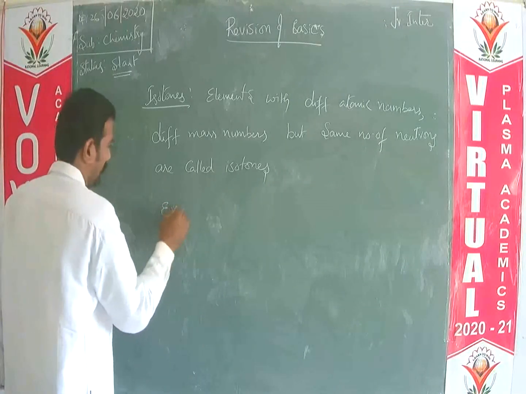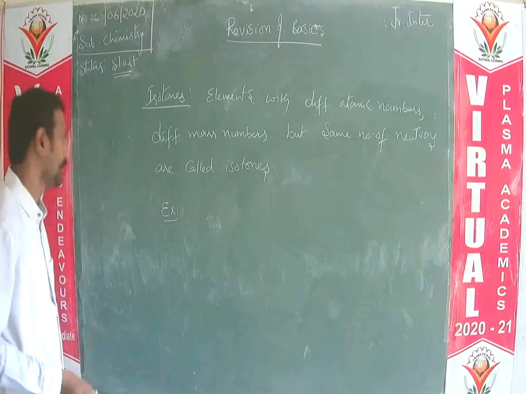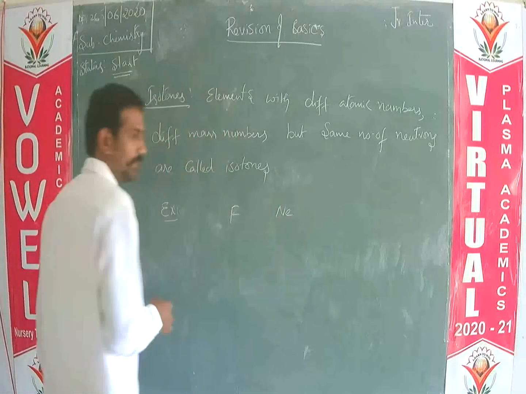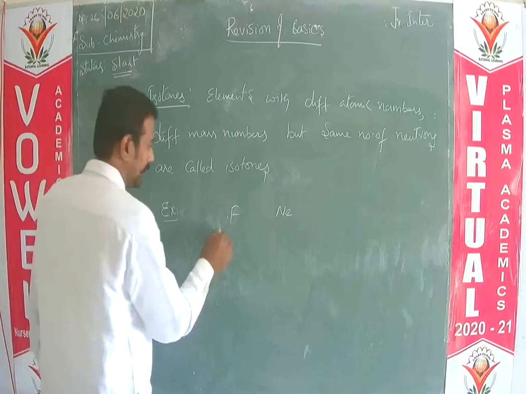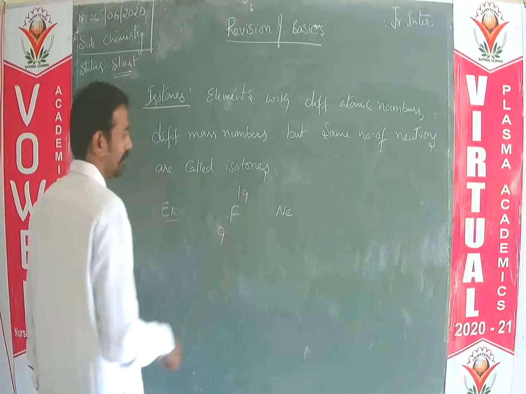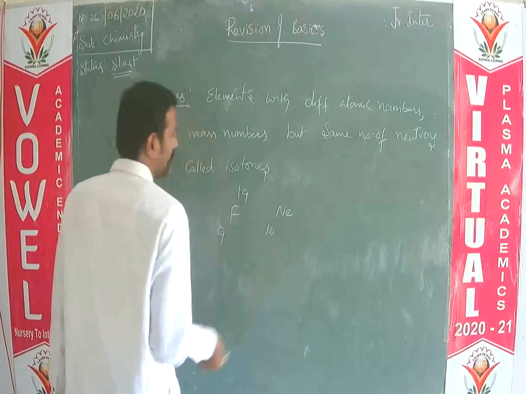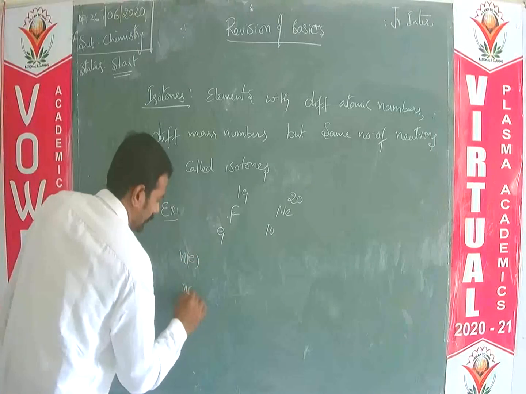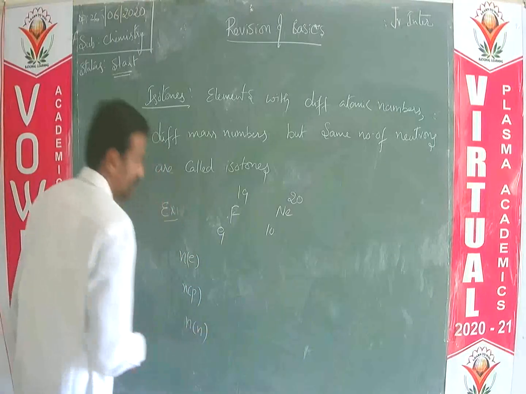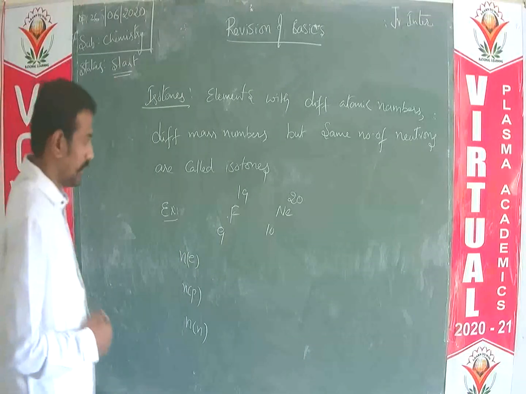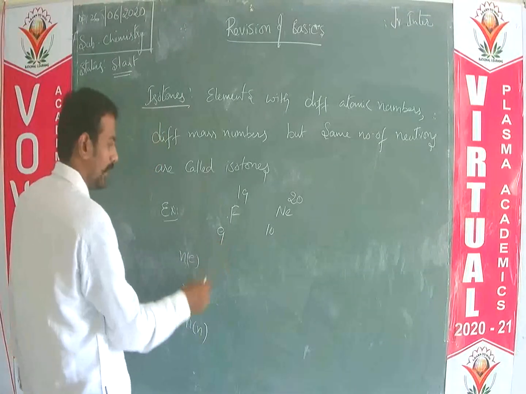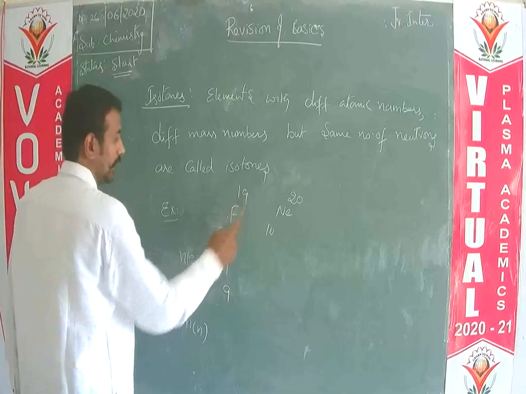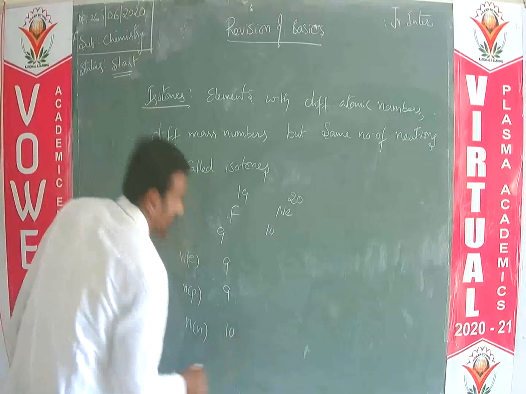For example, you take fluorine and neon. Fluorine atomic number is 9, mass number is 19. Neon atomic number is 10, mass number is 20. Calculate the number of electrons, protons, and neutrons here. Atomic number is 9, so the number of electrons is 9, number of protons is 9, number of neutrons is 19 minus 9, that is 10.